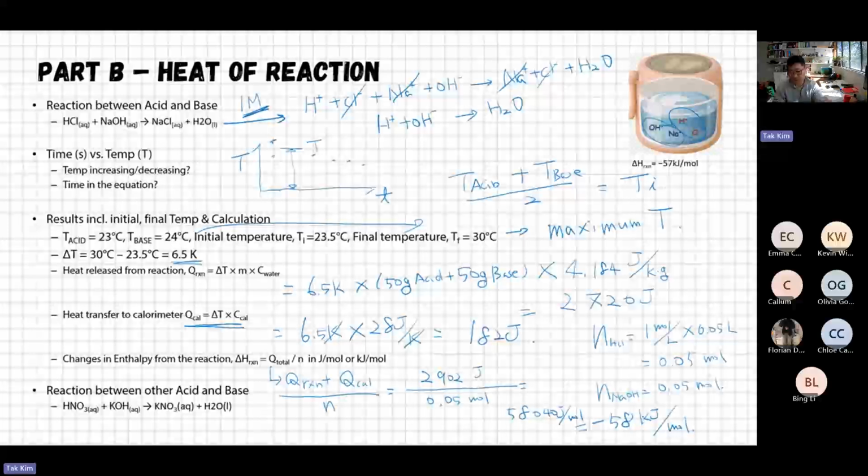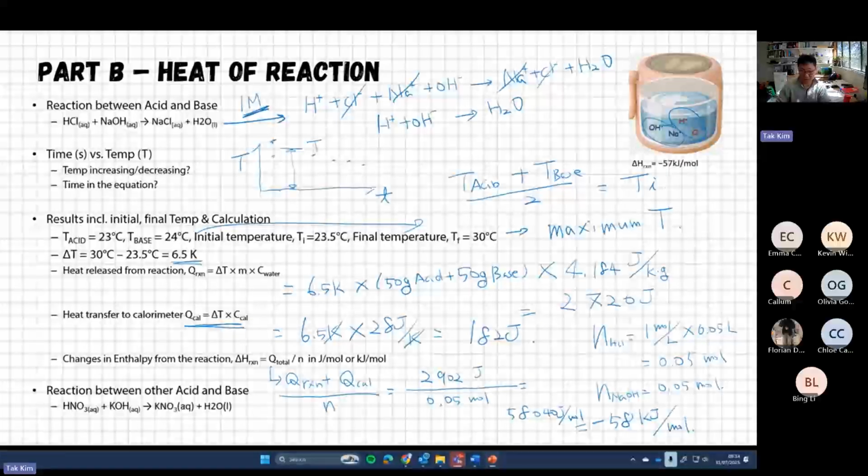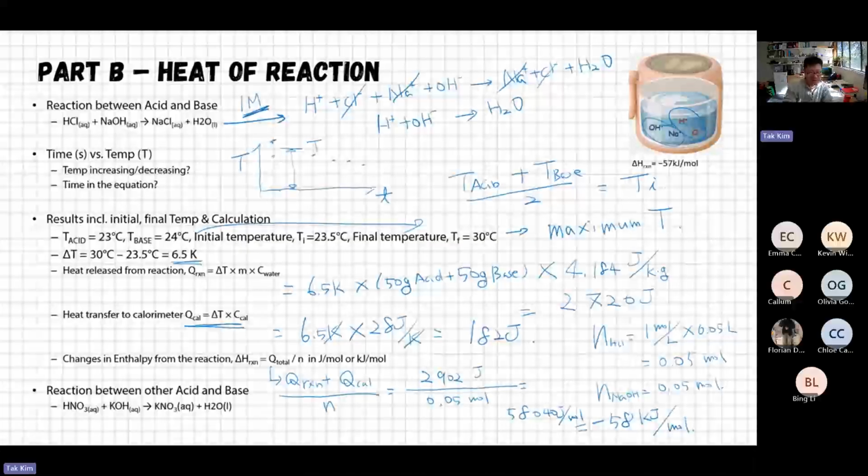The reason we put a negative sign is that although we saw the temperature increasing and our energy gaining from the reaction, when you look at the system itself, it lost this much energy by mixing acid and base together. If it's endothermic, on the other hand, you need to put a positive sign, right?